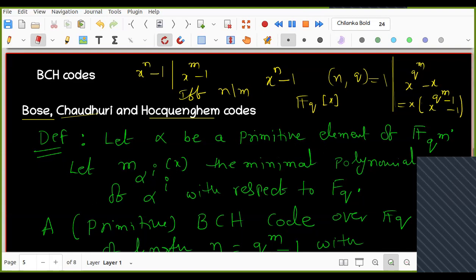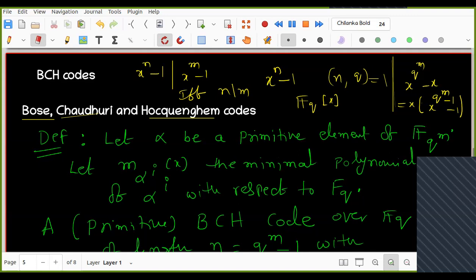But a primitive BCH code means my n is equal to q power m minus 1. I want to tell you that n need not be q power m minus 1 in general. For primitive BCH codes, n equals q power m minus 1, so the number of cyclotomic cosets of q power m will work. If n only divides q power m minus 1, then I simply call it a BCH code.